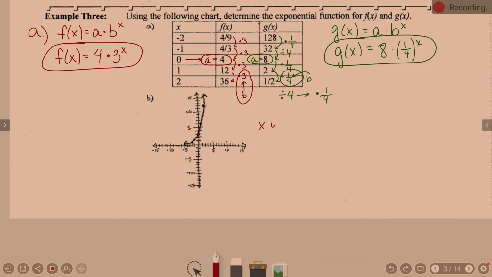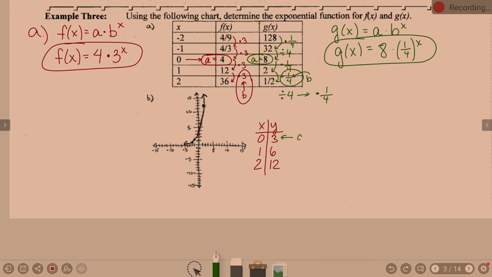If I make an xy chart here, that is 0, 3, yes? Technically, if this is a true exponential function, we only need one more ordered pair. Does that look like 1, 6 to you? Yeah. Looks like 1, 6 to me. And then 2, 12.